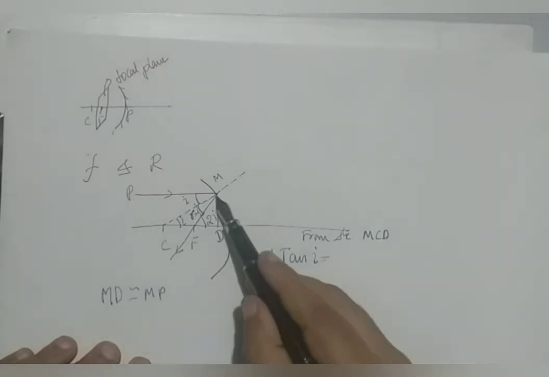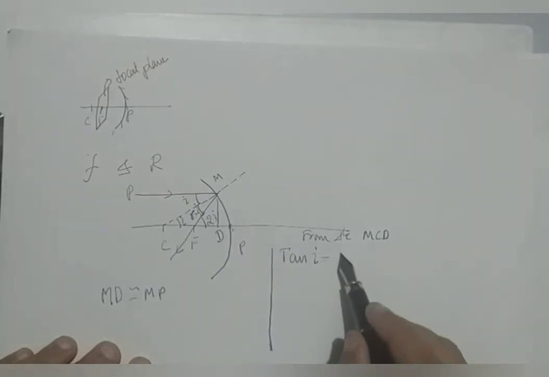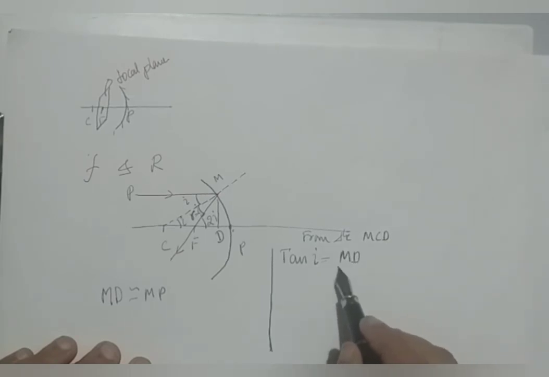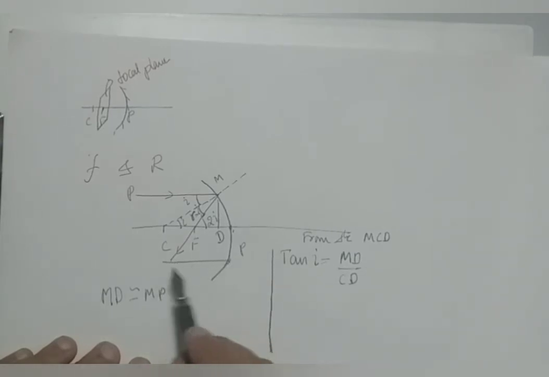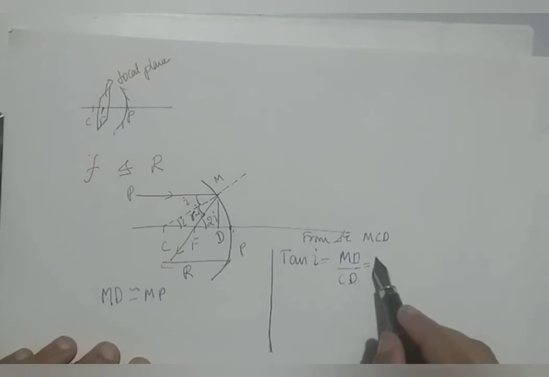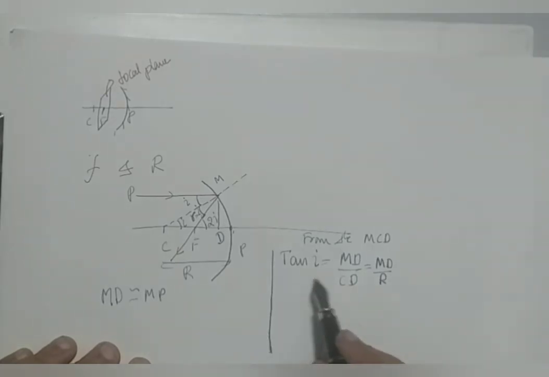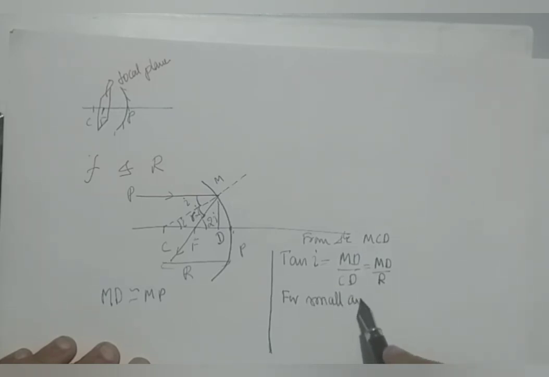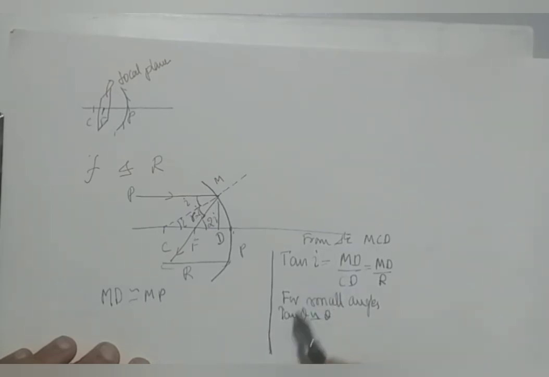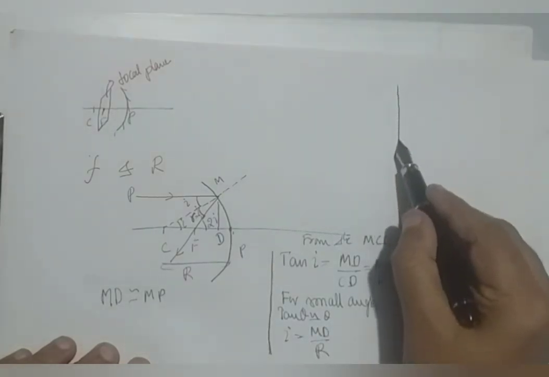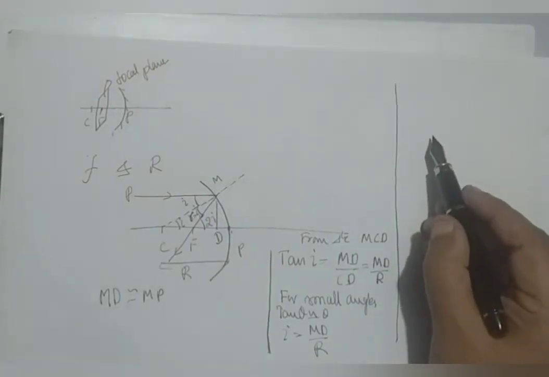From triangle MCD, tan i is MD by CD. But observe, CD is R. Therefore, tan i is MD by R. For small angles, tan theta is approximately theta, therefore i is equal to MD by R. In the same manner, I can write the next one. Just observe.